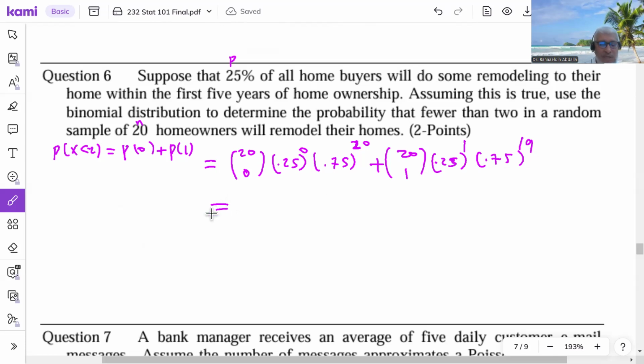If you put it in the calculator, you will find that the answer is 0.0243. So that's the correct answer.